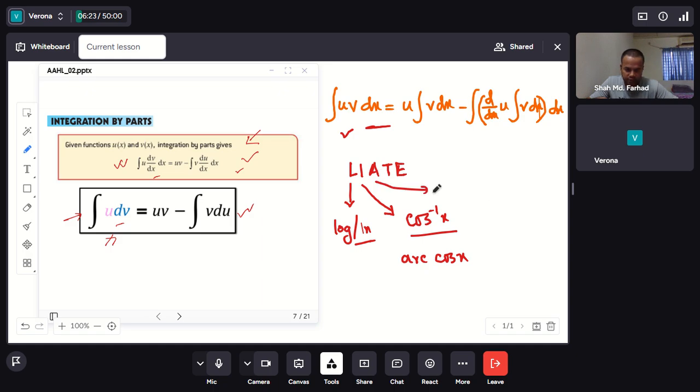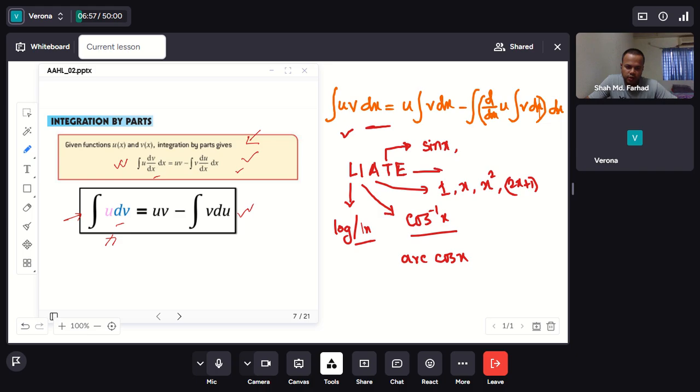A is algebraic, that includes 1, x, or x squared, or 2x plus 1, this type of function. And T is for trigonometric function, that includes sine x, cosine x, tangent x and cotangent, just like that.